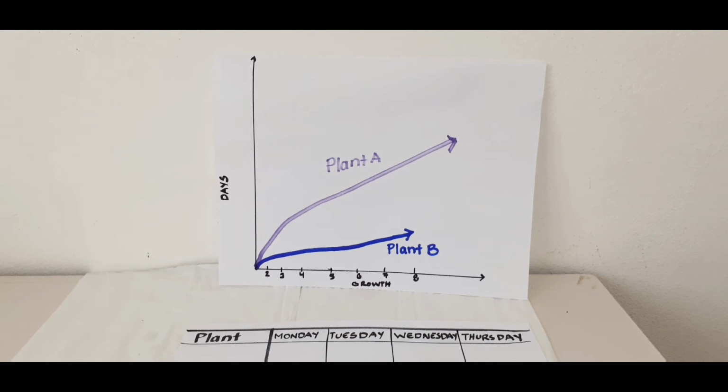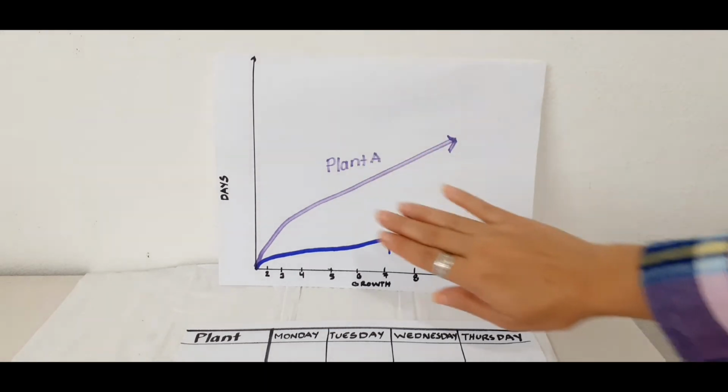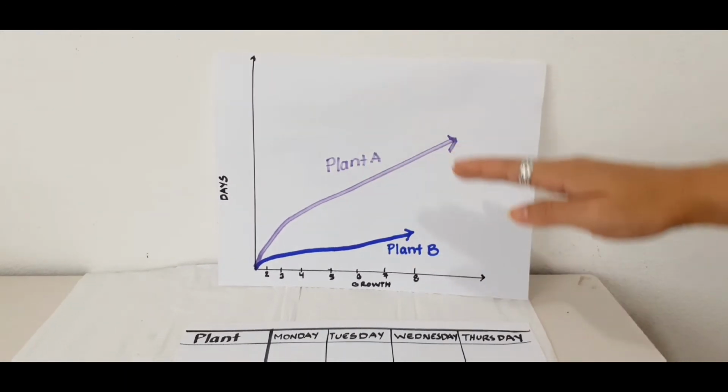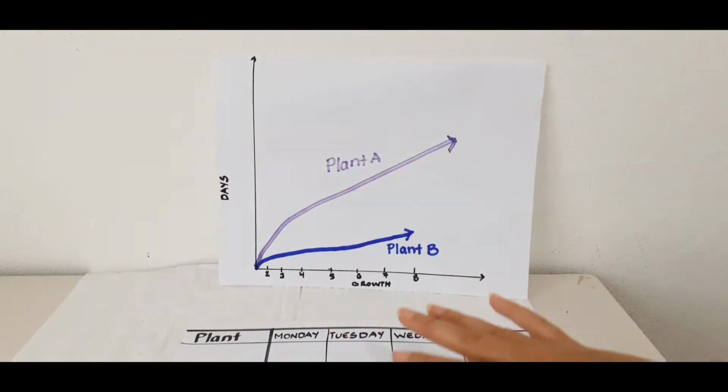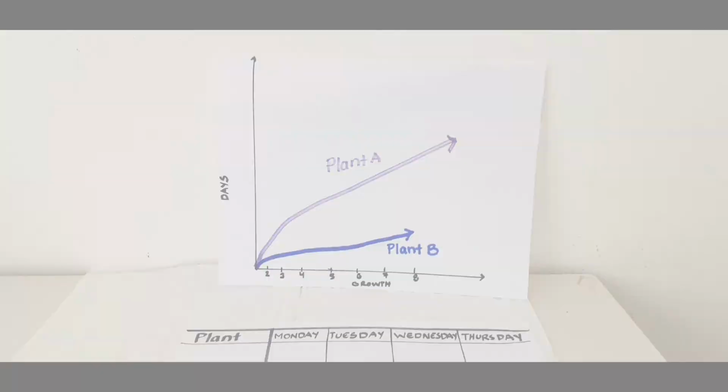With that information, I can even create a graph where I compare the growth of both plants. This is my data. Now that you finished your experiment, you can prove if your hypothesis was correct or not. If the hypothesis was correct, that means that plant A grew faster than plant B.